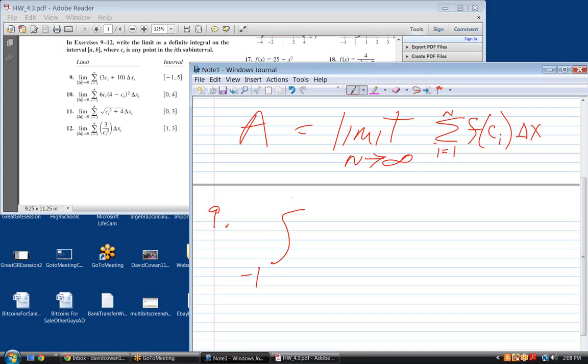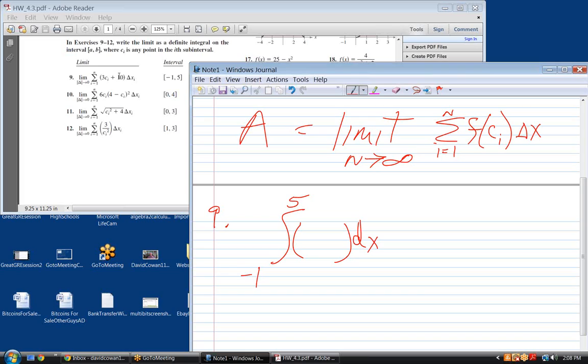And the upper limit is positive 5. We know that the delta x is going to translate into a dx, which means we have to have a function of x. If I put a function of y in here, I can only integrate it if it's a function of x.